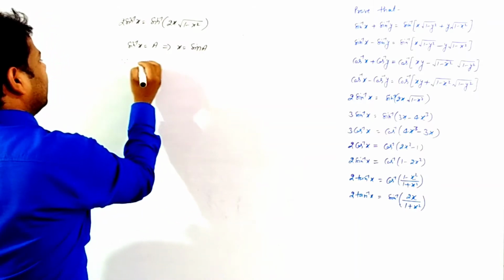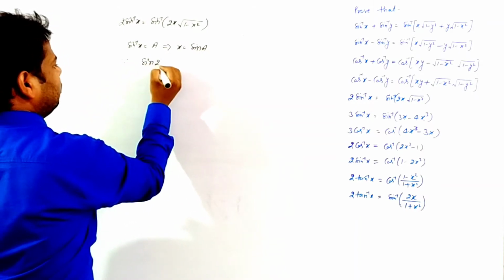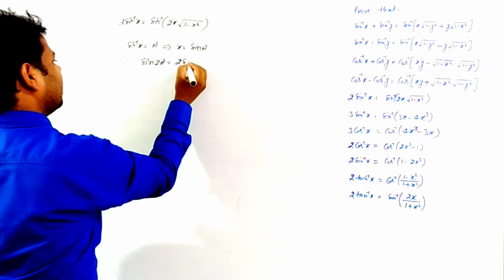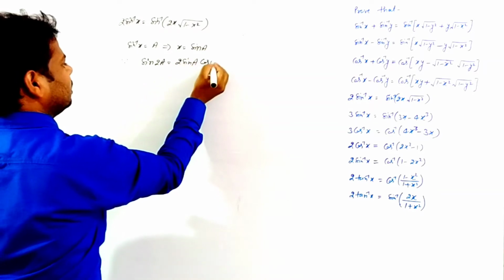And we have a formula sin 2a is equal to 2 sin a into cos a.